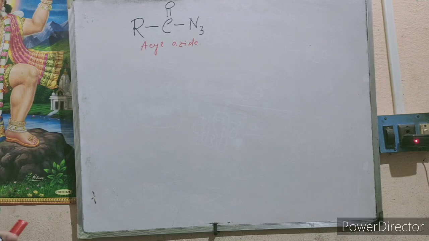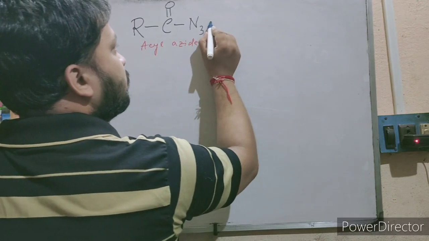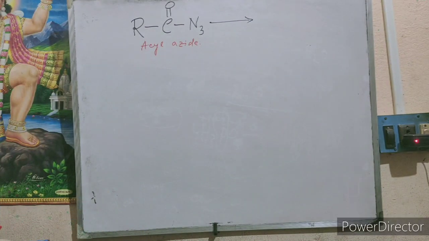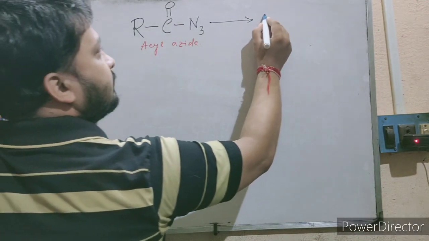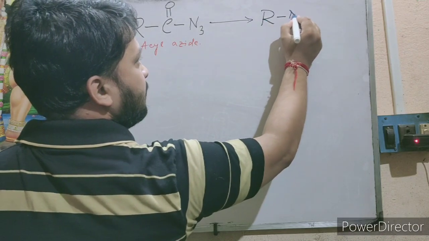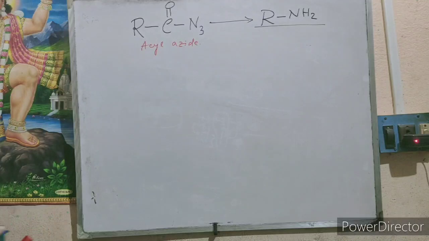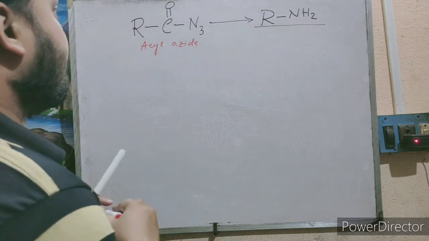If you have acyl azide and you want to prepare amine, this is primary amine, you want to prepare this from acyl azide by using heat and water.